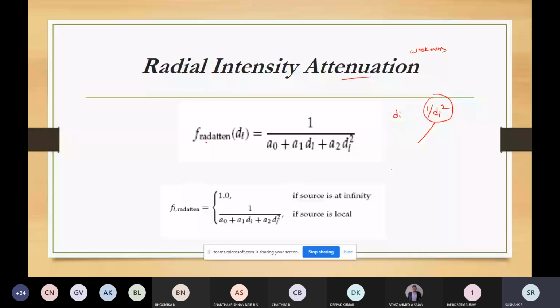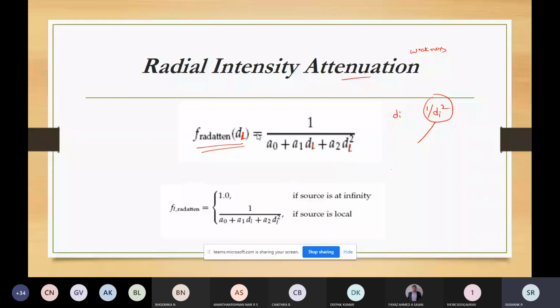This is given by 1 by a naught plus a1 dl plus a2 dl square, where dl is the distance. This formula can be used to get the light intensity for a more realistic display using point sources.